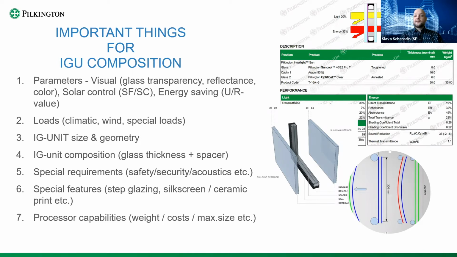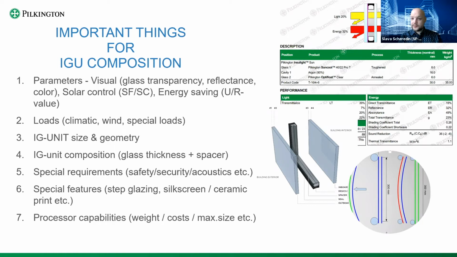Then comes the loads. Loads is some kind of forces that affect IG units. And we will start with them, because at first, when you're going to talk about something, you need to define the basic parameters. So loads are usually wind, climate loads, and that is the most usual cause of optical distortions on the facade.